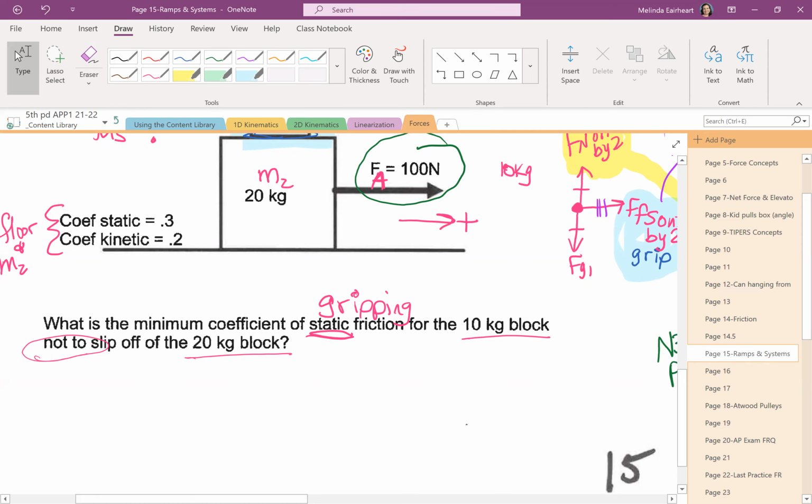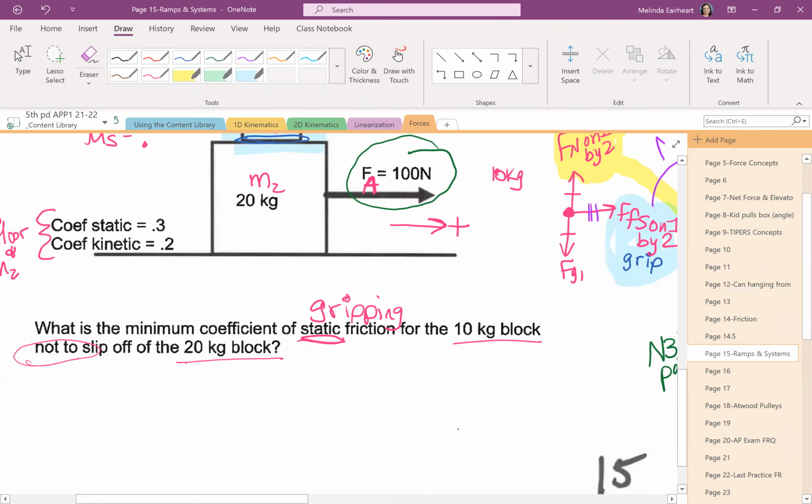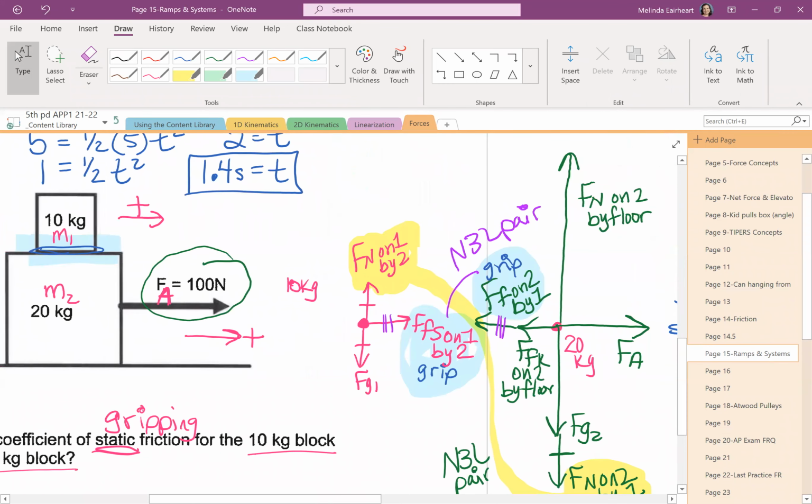In order to grip and move, okay? And so we're solving for that force that cancels out. Do I want to use the system approach to solve for something that cancels out? No. And so let's use, I don't know, what do you want to write a FNet statement for? Block 1 or block 2?